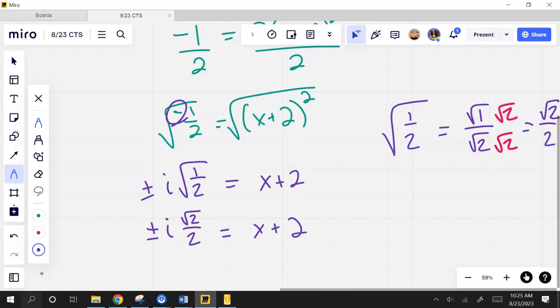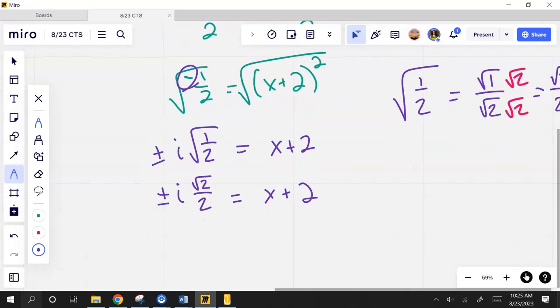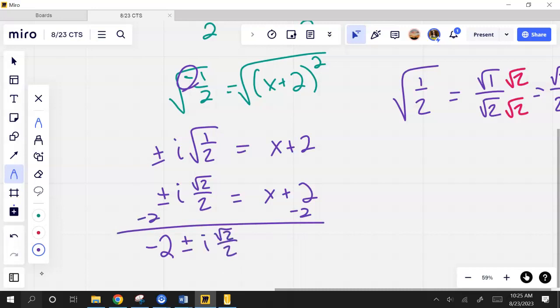I still got x plus 2. I'm still not done. All I did was work with that. Now just minus the 2. And I always say if you can't do it, write it. I can't subtract 2 from that, so I'm just going to say minus 2, because I'm minusing 2 on both sides, right? Minus 2 plus or minus i times the square root of 2 over 2, or square root of 2 over 2i, equals x.